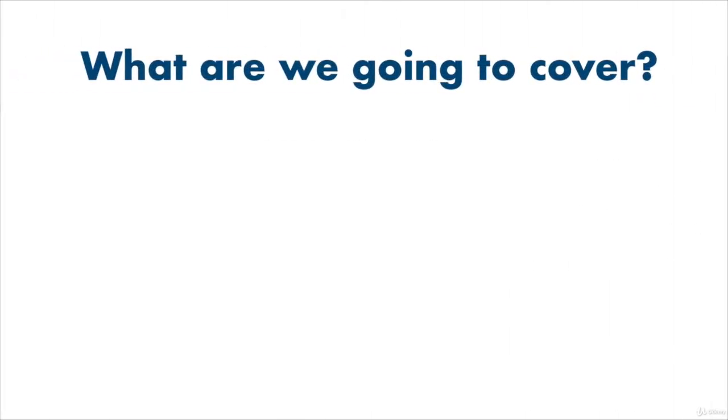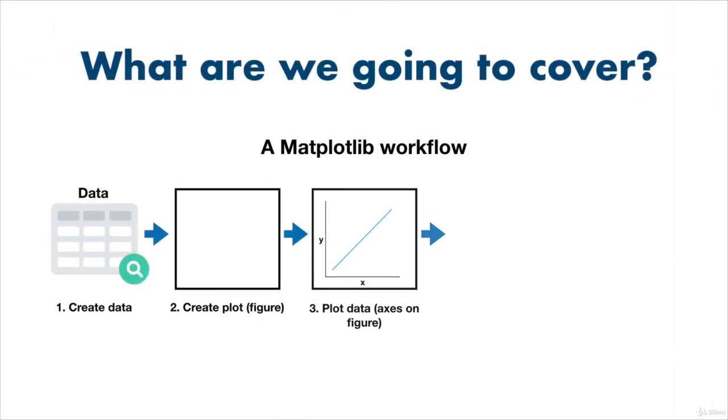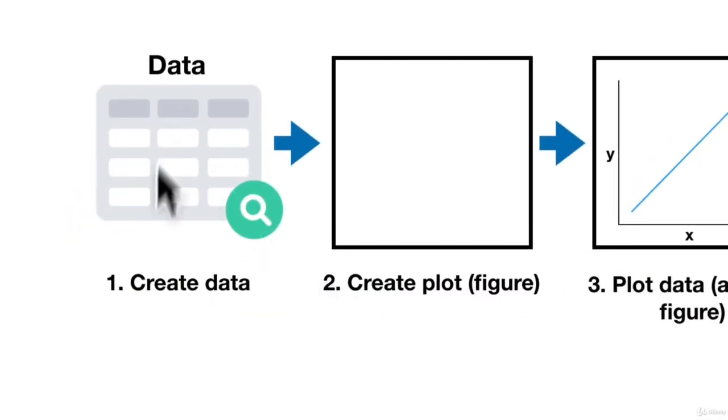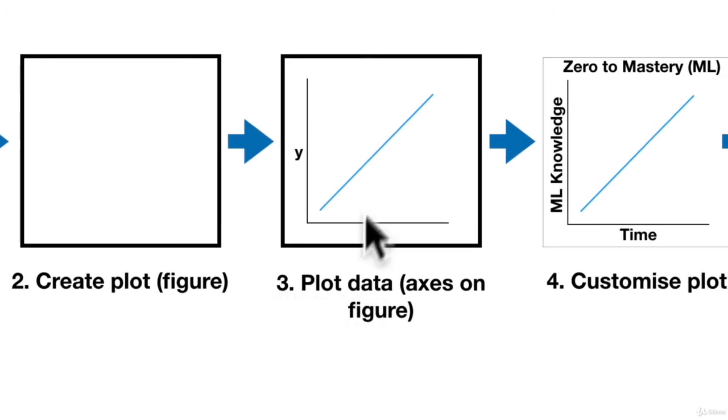Of course, once you get the foundations, but that's what we'll be covering. What are we going to cover? Well, there's a little bit of a workflow that happens within Matplotlib. You start with the data, you create a plot, also known as a figure, which is kind of just like an empty square, really. And then number 3 is you plot data, axes on figure. So they're the two main data classes of Matplotlib, axis and figure, but we'll look into these shortly.